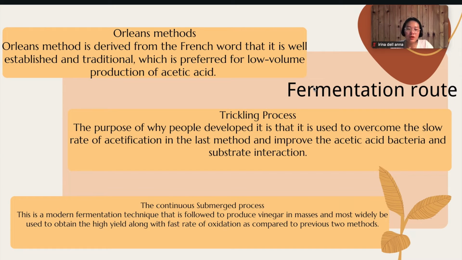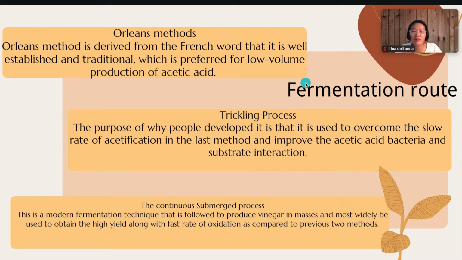For example, the Orleans method is used to produce a high concentration of 10% acetic acid. It is derived from the French word, it is well established and traditional, which is preferred for low volume production of acetic acid.